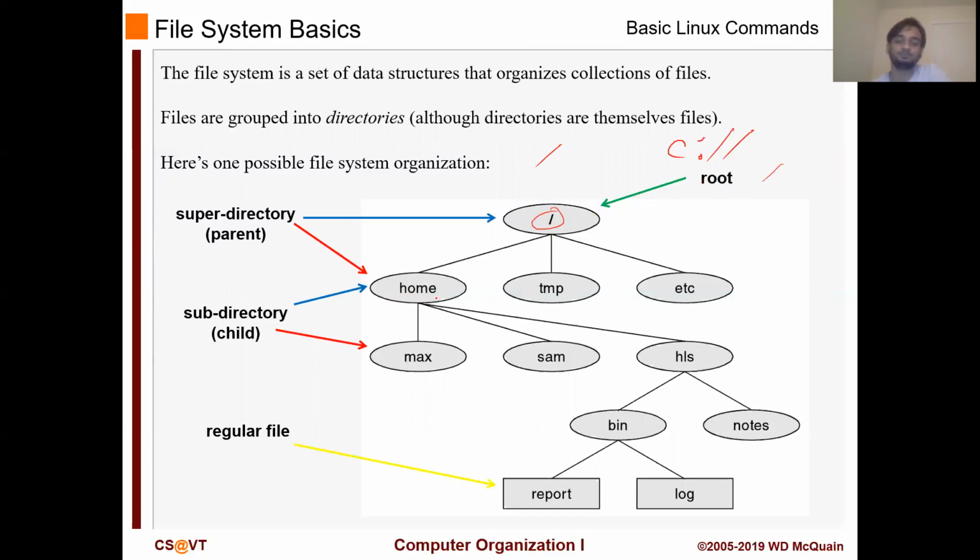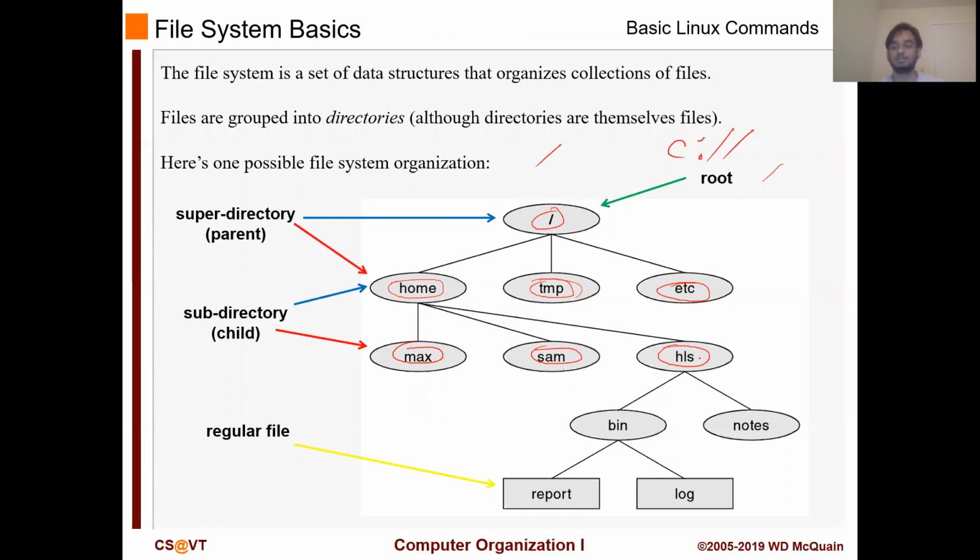So the root has many different directories or subdirectories. For example, in this one, there is home, temp, etc. Okay. For home, the super directory is this root, or its parent. For temp, the parent is also the root. For etc, the parent is also the root. The home can have children. For example, over here I have Max, Sam, HLS. So Max, Sam, HLS are children of home, which is their parent directory.